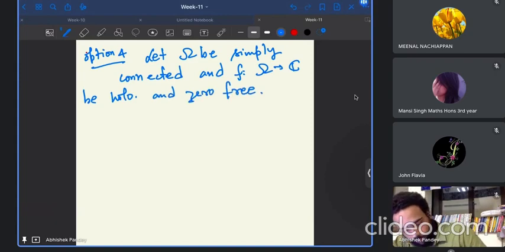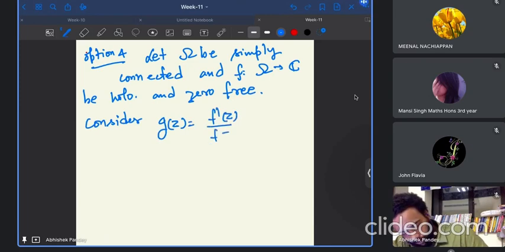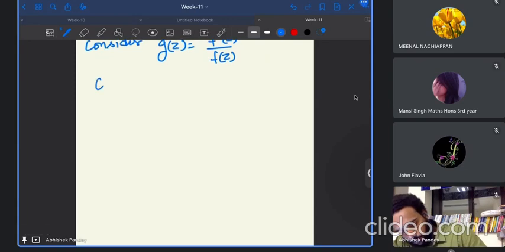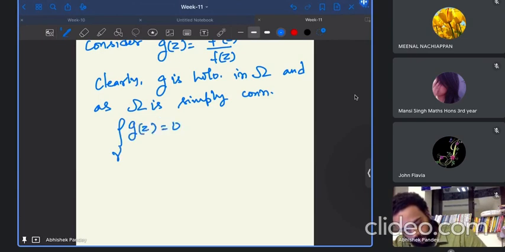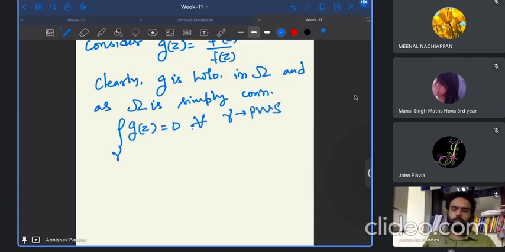Consider the function g(z) equals f dash z by f of z. So clearly g is holomorphic in omega, and as omega is simply connected, the integral over gamma of g(z) is equal to 0 for every piecewise smooth or any rectifiable curve also.